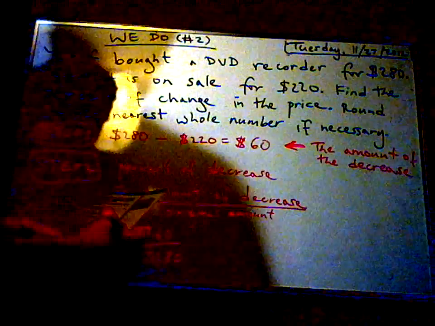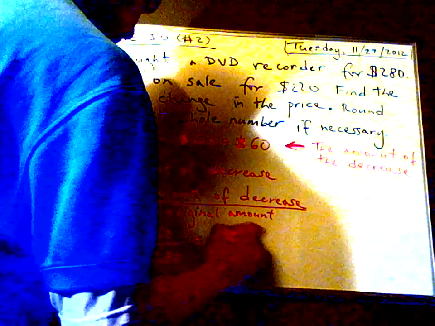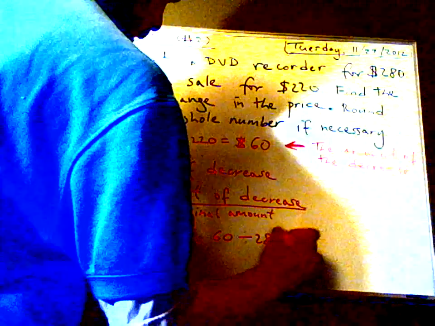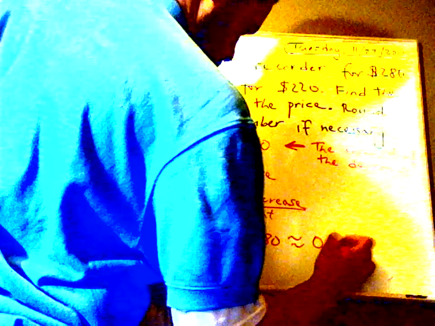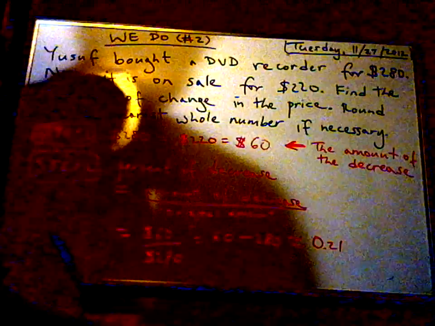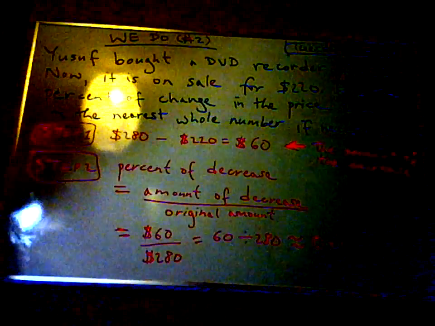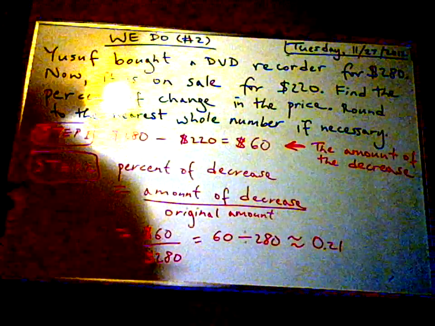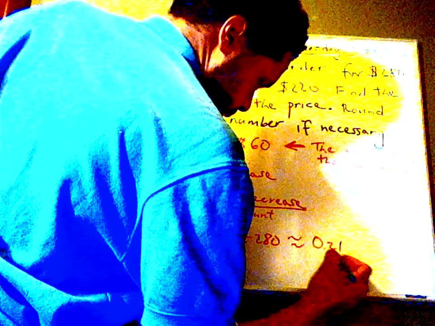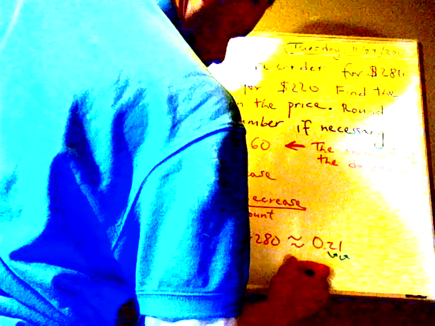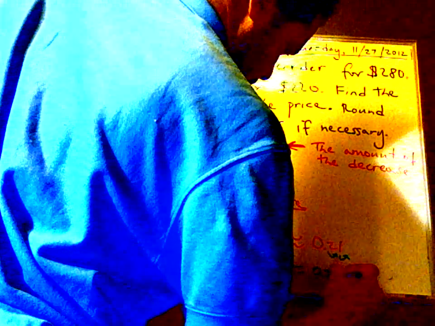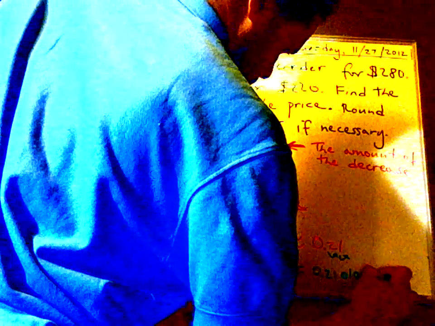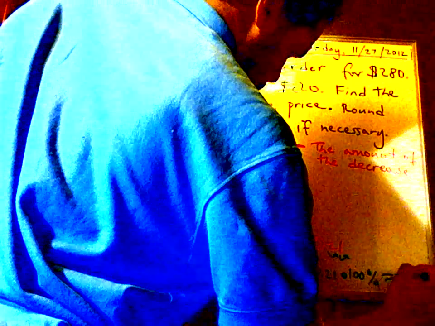And so we can take 60 and divide it by 280, which would give us approximately 0.21 to 2 decimal places. And again, if you want to convert that to a percent, how do you do it? Well, you literally take the decimal point and move it 2 places to the right, which is the same as saying you're taking 0.21 and multiplying it by 100%, which would give you 21%.